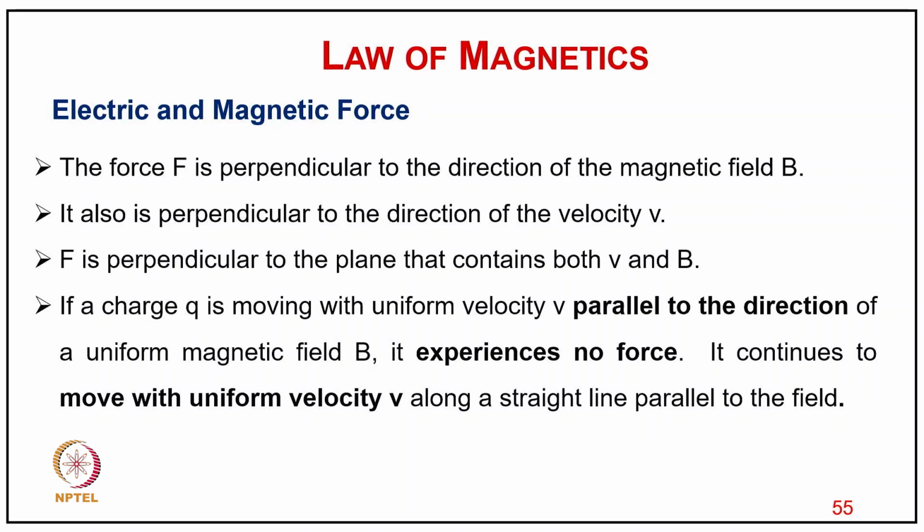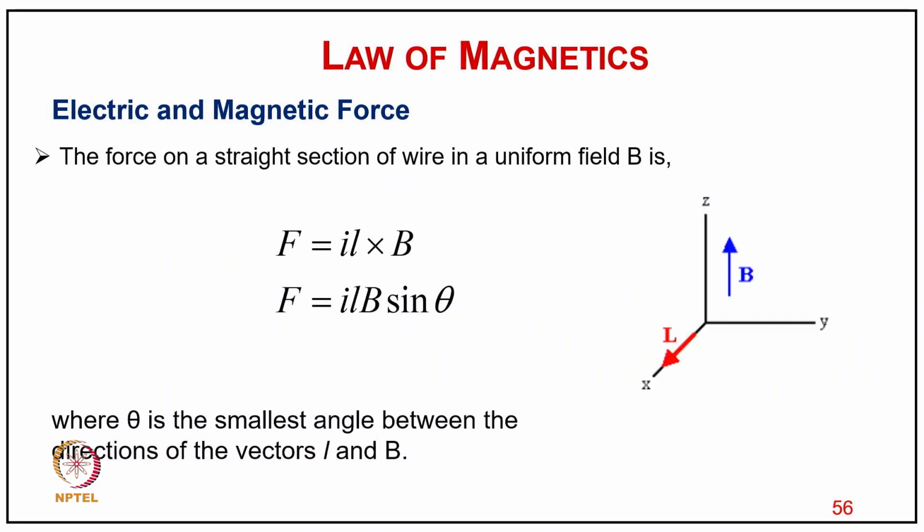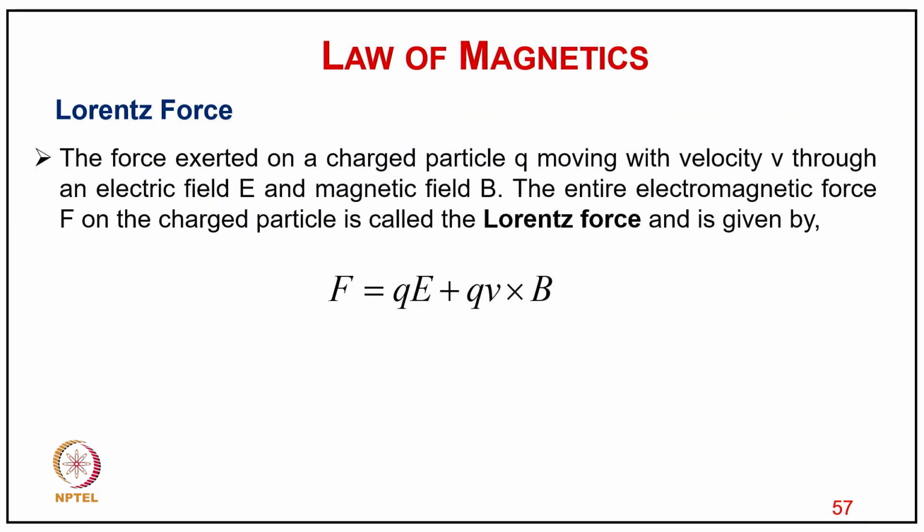It continues to move with uniform velocity along a line parallel to the field. The force on a straight section of wire in a uniform field is F equal to I L cross B, and you can write it as F equal to B I L sine theta, where theta is the smallest angle between the direction of vectors L and B. We have another law, the Lorentz force.